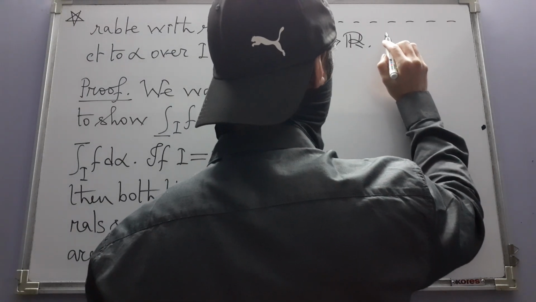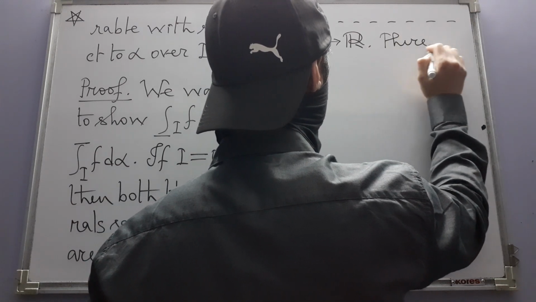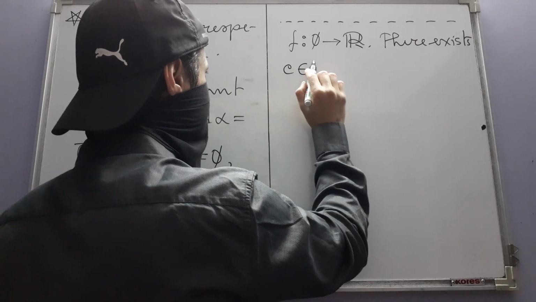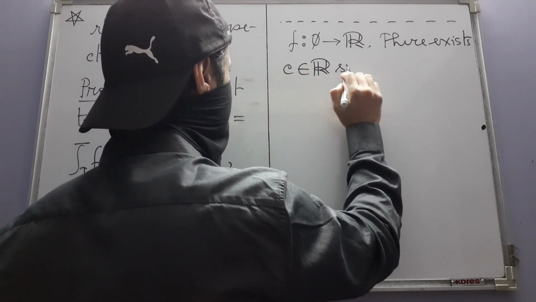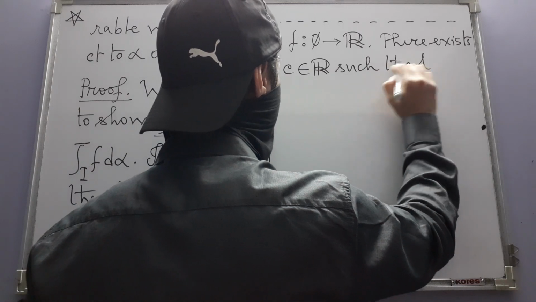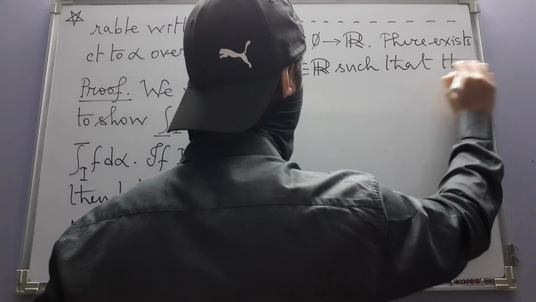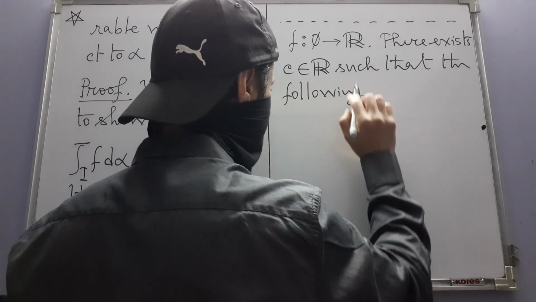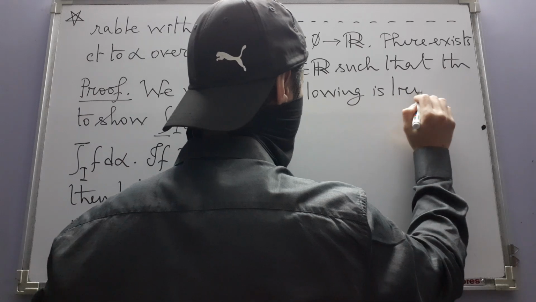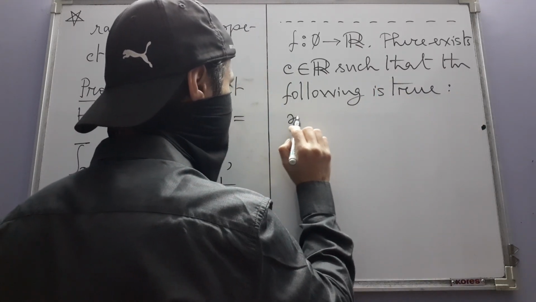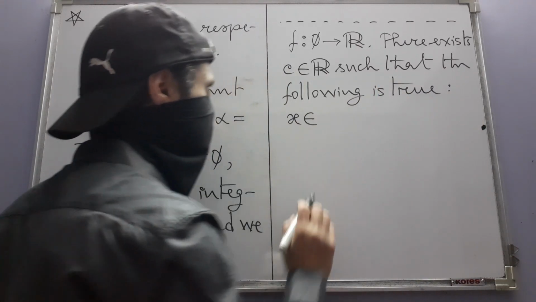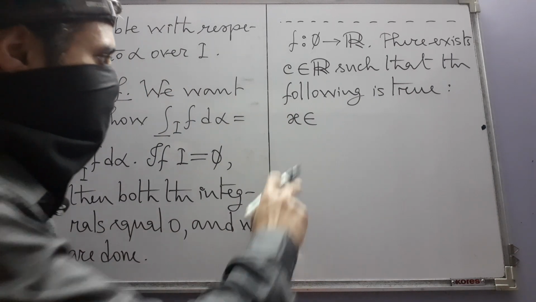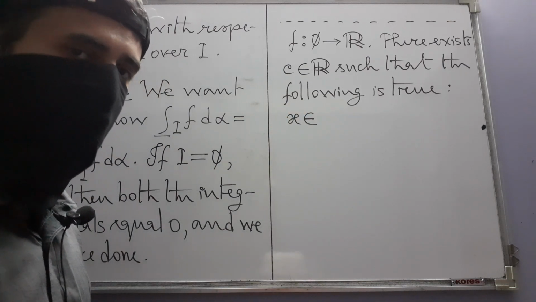The condition is that there exists a real number C such that the following implication is true: if x belongs to the domain of the function, then f of x is C. At every input the output is C, then only we call it constant.